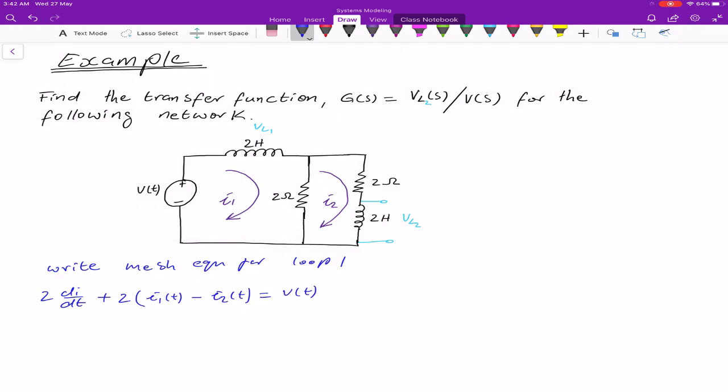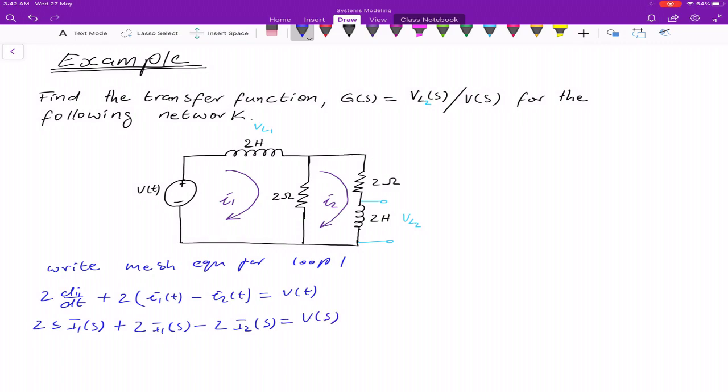From there we can write our Laplace transform. Now I'm going to go a little bit faster because these equations tend to take a bit longer. To take the Laplace transform of that, we have 2s I1 of s plus 2 I1 of s minus 2 I2 of s is equal to V of s.